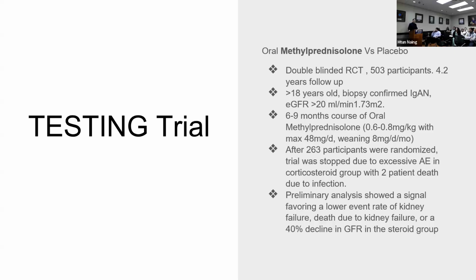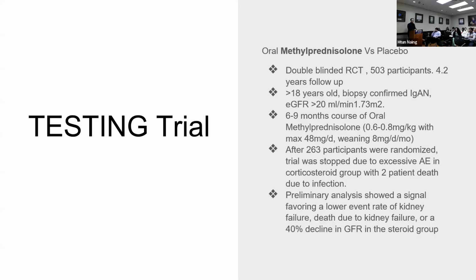So after they started the trial, when they reached about 263 patients, they noticed there were serious side effects, including 2 patient deaths because of infection. So they stopped the trial. But they reviewed the data. The preliminary analysis showed a significant favoring of a lower event rate of kidney failure, death, and 40% decline of GFR in the steroid group.